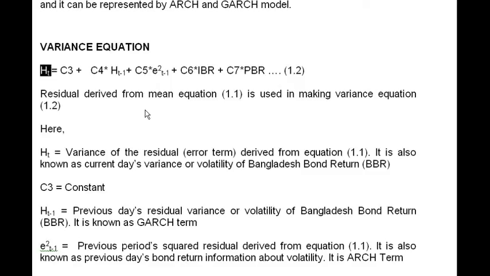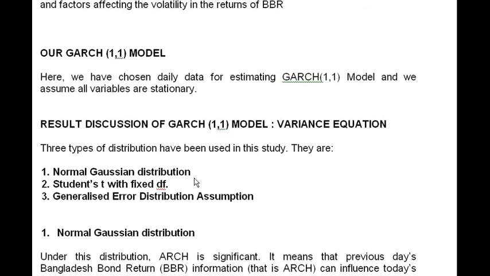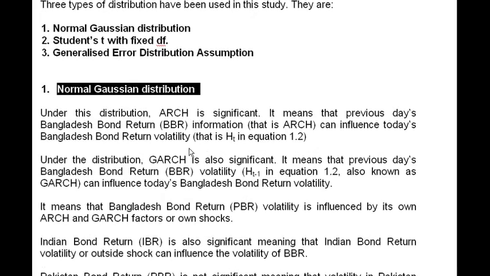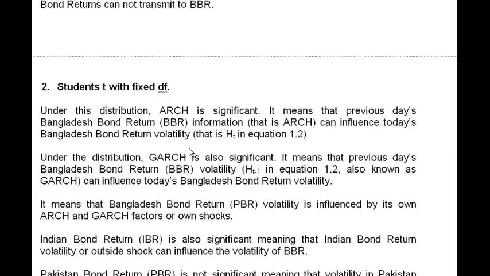But Pakistan bond return could not influence HT. So that is the outcome of the GARCH 1.1 model when we choose the normal distribution. Okay, so we have done it.